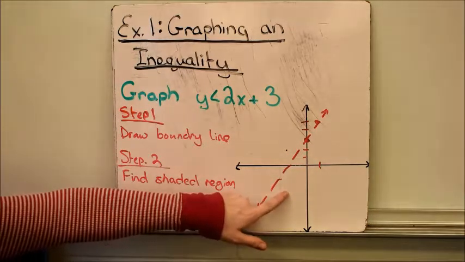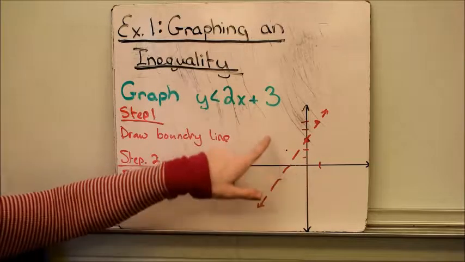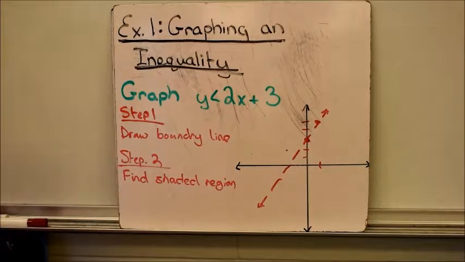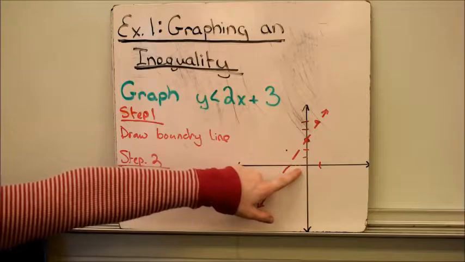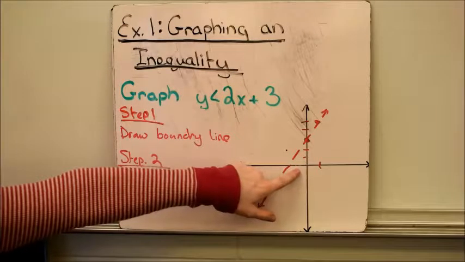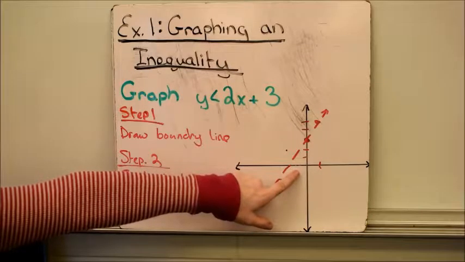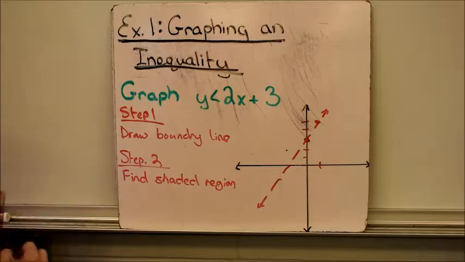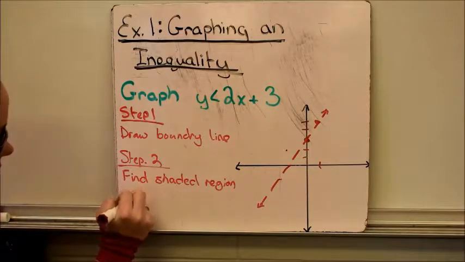And the way we're going to determine that is by picking a point on one of these sides and plugging it in and seeing if it's true. I always like to pick the origin, 0, 0, if possible, just because it's simple, it's easy. You could pick some really high point, but you don't have to. So let's pick 0, 0 and see if this ends up being true for the inequality.